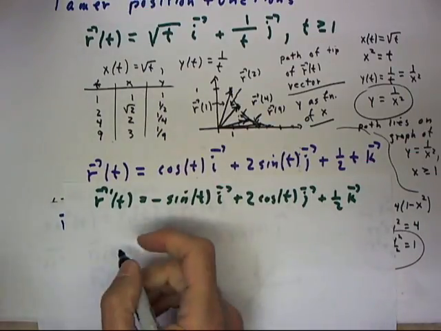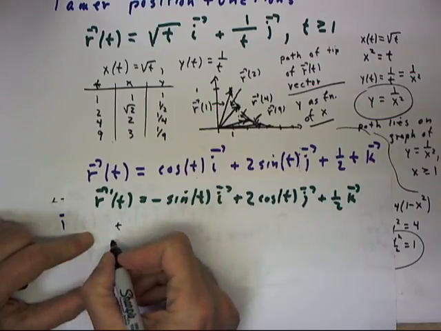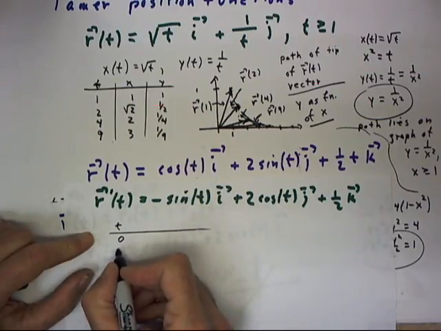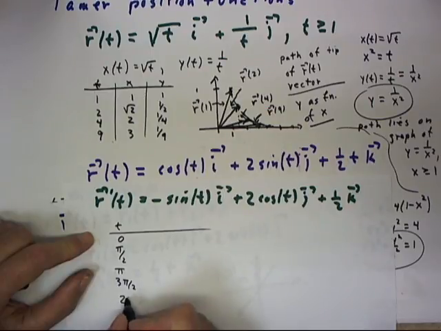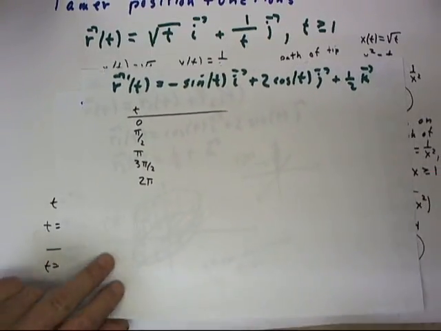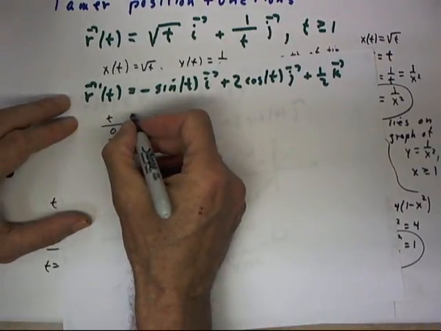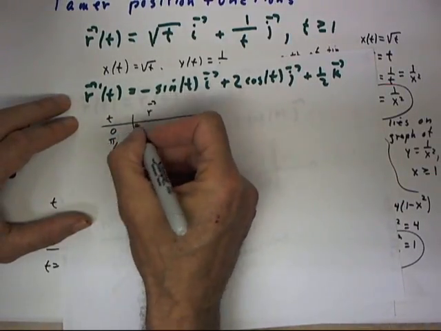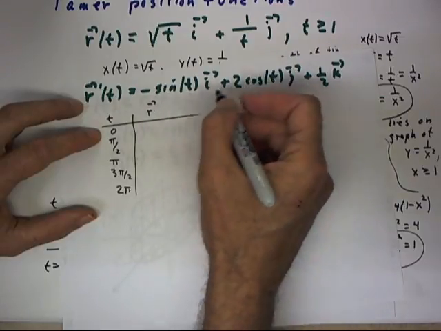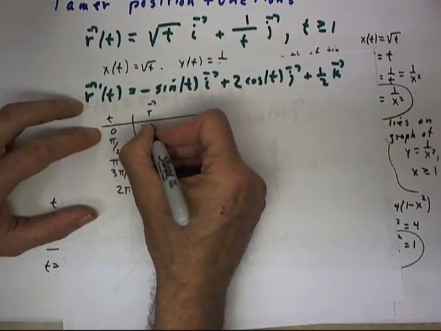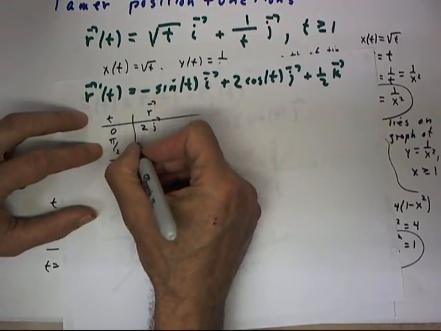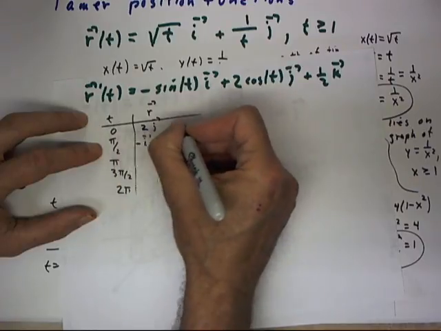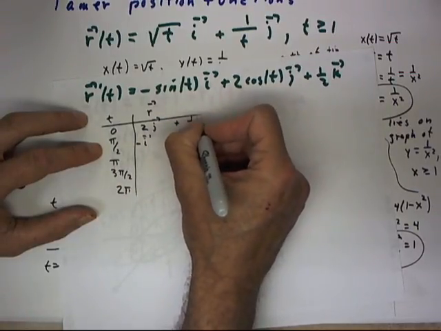Well, for example, at t equals 0, pi over 2, pi, 3 pi over 2, 2 pi. Let's get that up on the screen where we can see it. What's our r vector? Well, at t equals 0, the sine of t is 0. This is going to be then 2j. At pi over 2, we're going to have negative i, 2j plus 1/2 k up here.